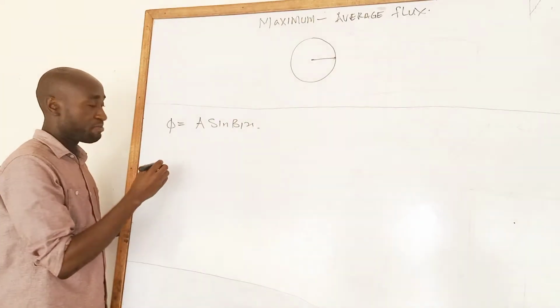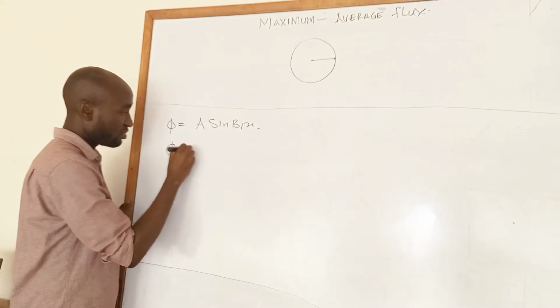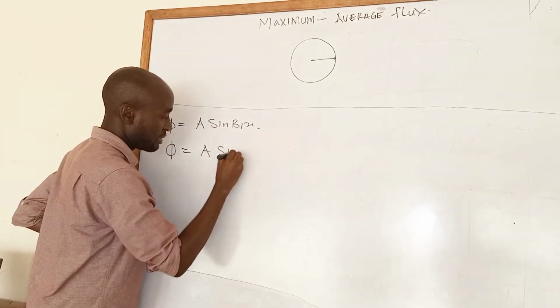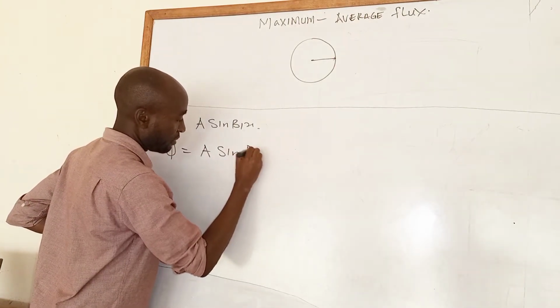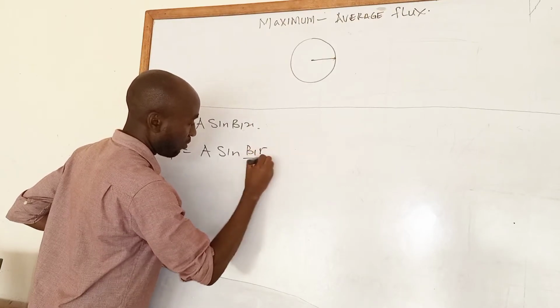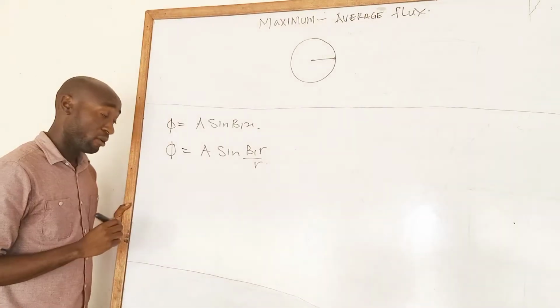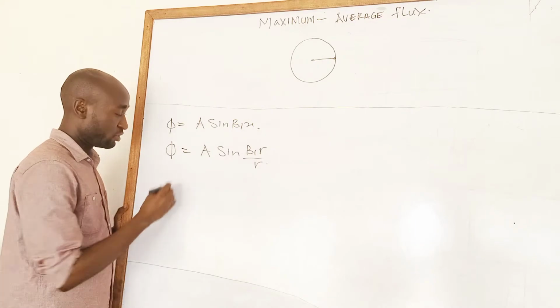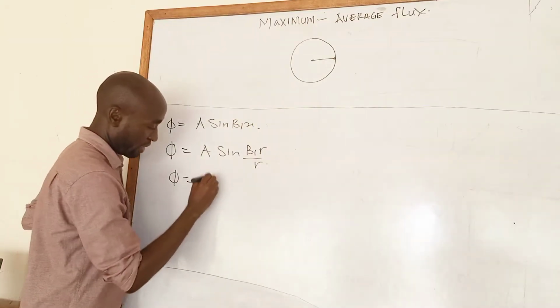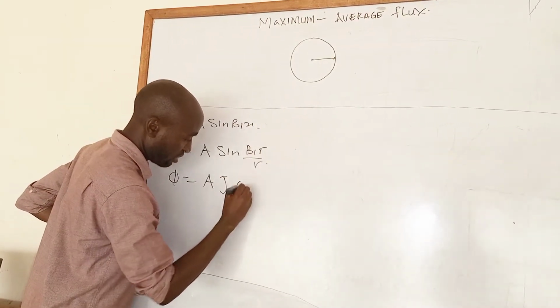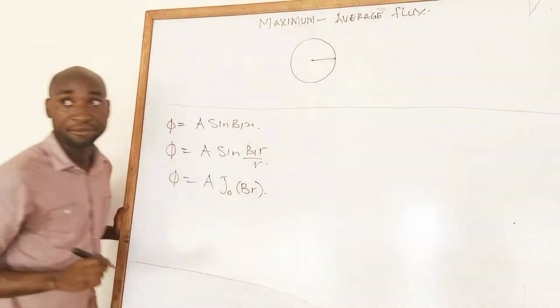For the spherical reactor, we get phi is equal to A sine B1 r over r. And for the cylindrical, we get phi is equal to A J naught B r.